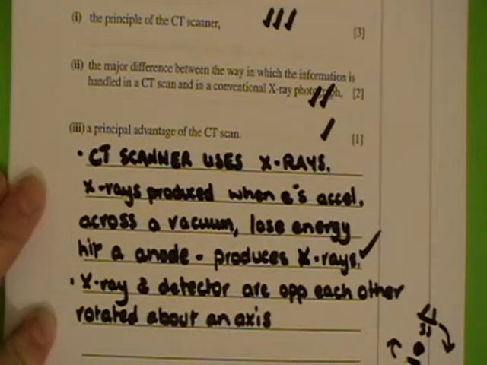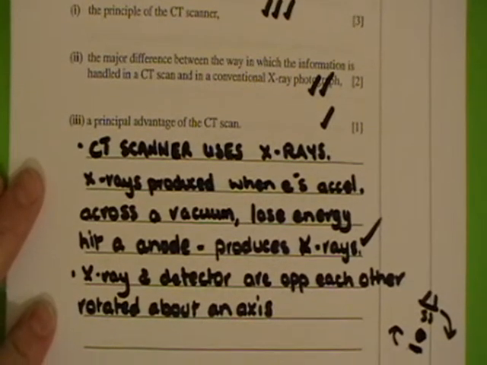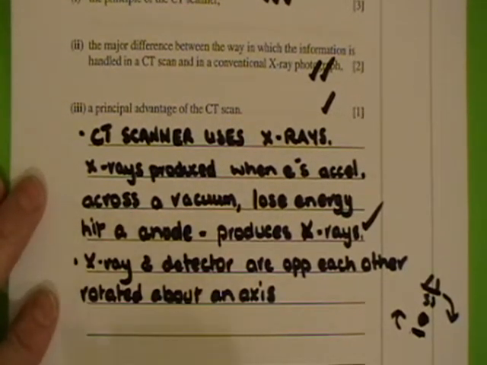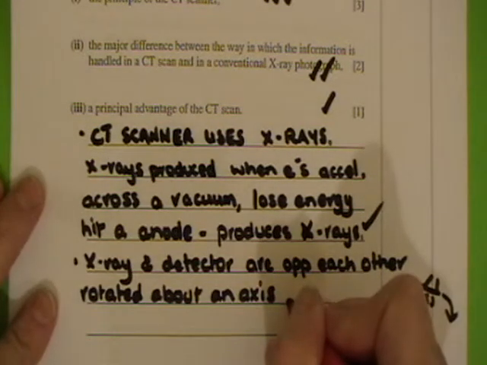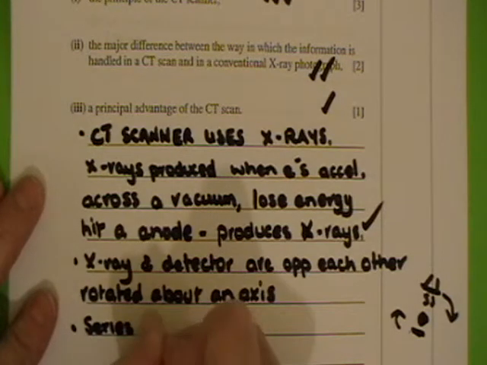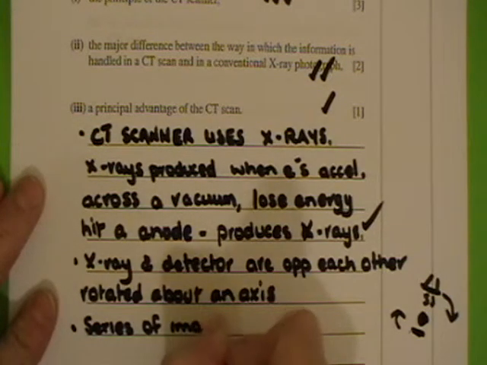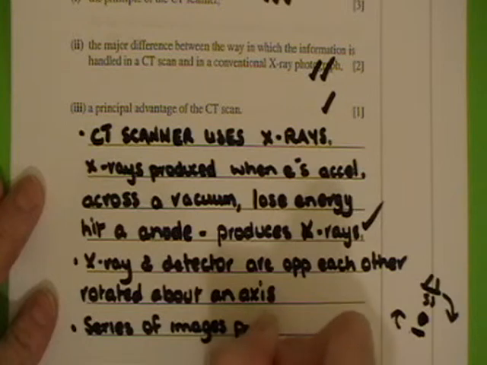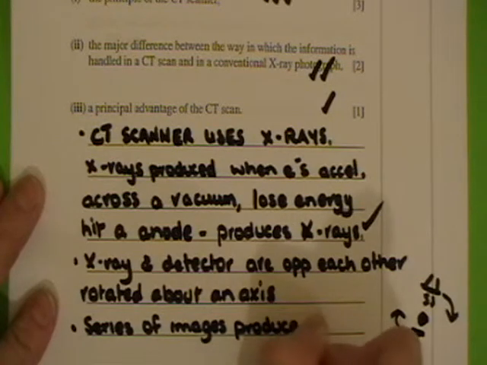And whenever they're rotated about the axis, they take a series of images which are built up on top of each other to produce a slice. So a series of images produced about that axis.